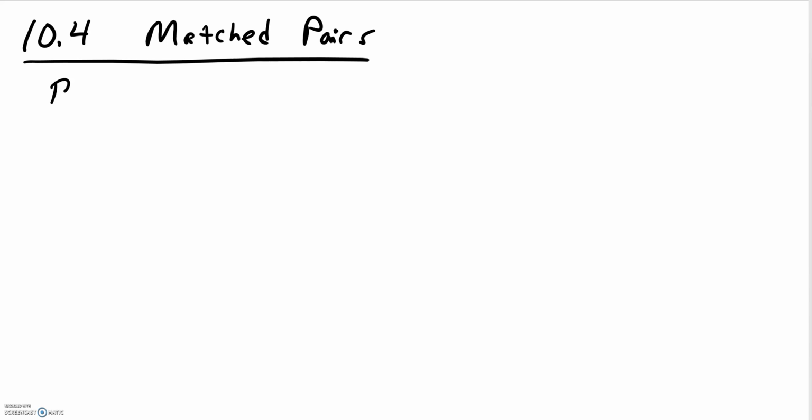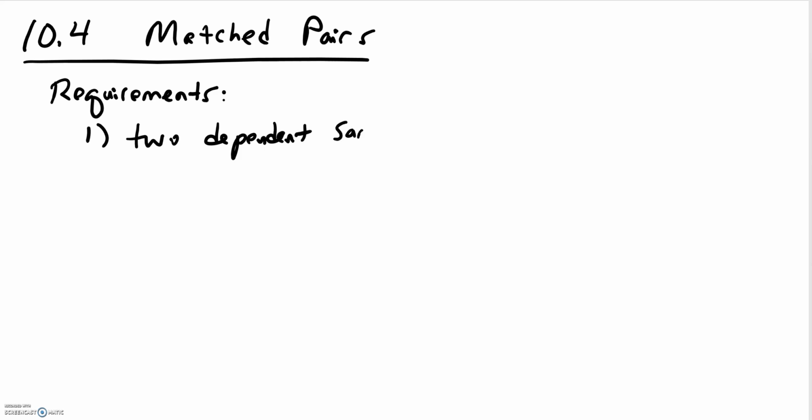Let's first start by looking at the requirements. In order to be a matched pair, the first thing that we're going to need is two dependent samples. And that's what we call a matched pair. Second, the samples, of course, need to be random.